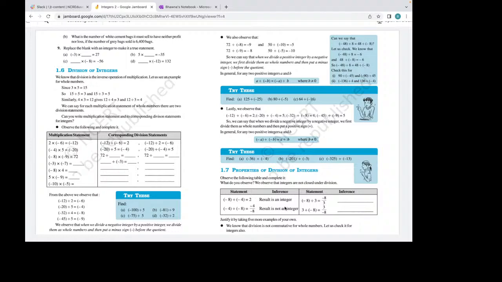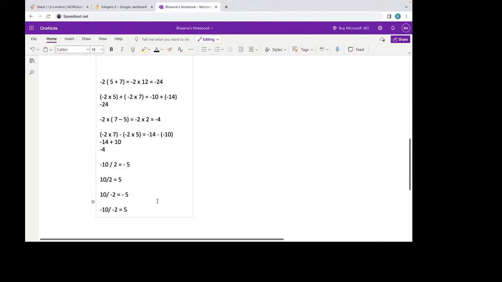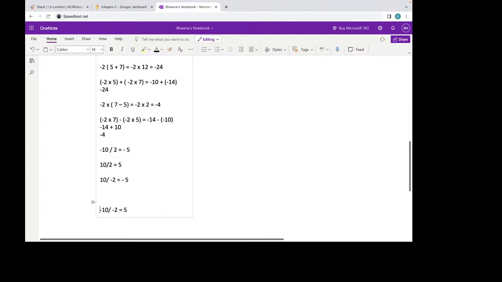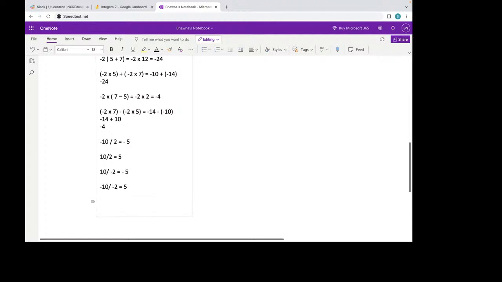What do you say? Are 4 divided by 8 and 8 divided by 4 the same? What do you think?